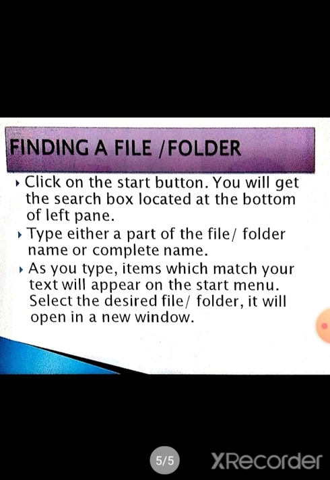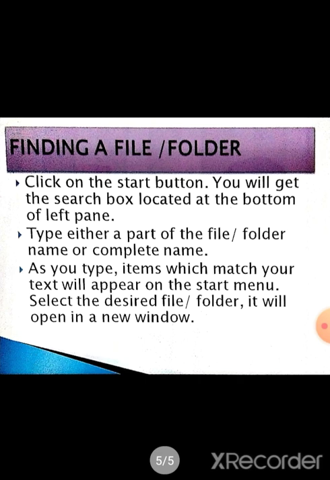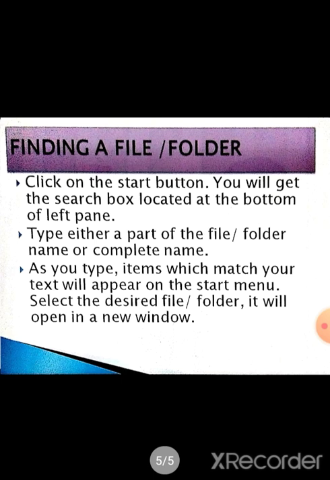For that you have to write the name of that file or folder which you want to find. If you don't remember the full name of that file, just write a part of the name. You can also write the date when you last modified a file.